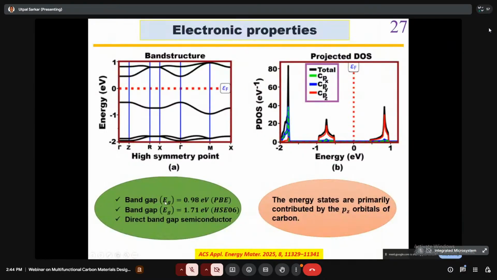The band gap turns out to be 0.98 eV using the PBE method, and using the HSE functional it is 1.71 eV, and it's basically a wide band gap semiconductor, as you see here. And this is the projected density of states of the system. Here you see the main contribution is coming from the p_z orbital of the carbon atoms, and there are no states available near the Fermi level. So this band gap is completely explained with the help of this DOS.